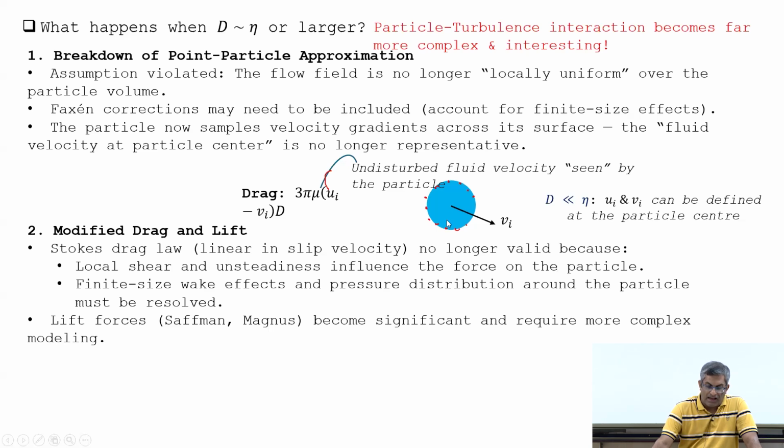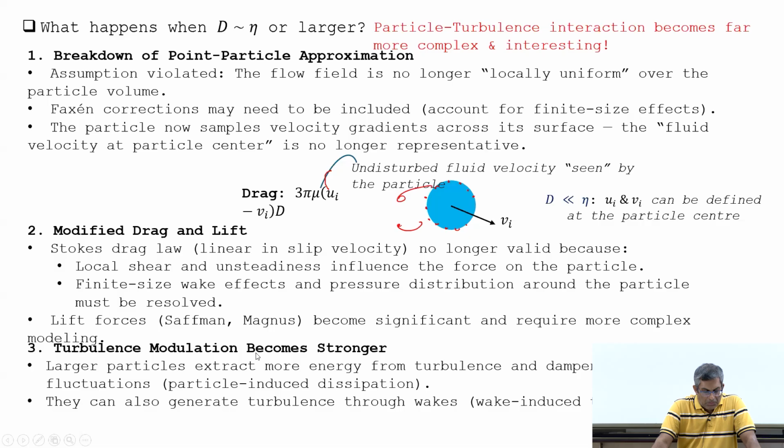In addition, we can have the wake effect or pressure distribution around the particle, which also needs to be solved. In addition, we may have the lift forces that we had discussed earlier being significant, which requires more complex modeling.